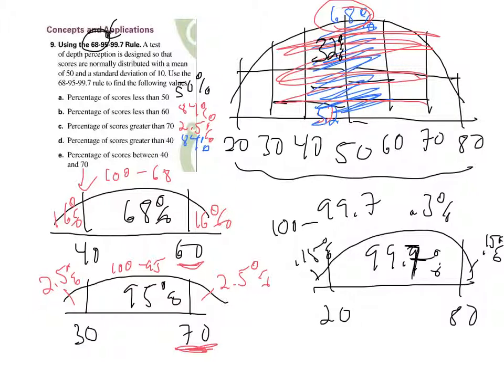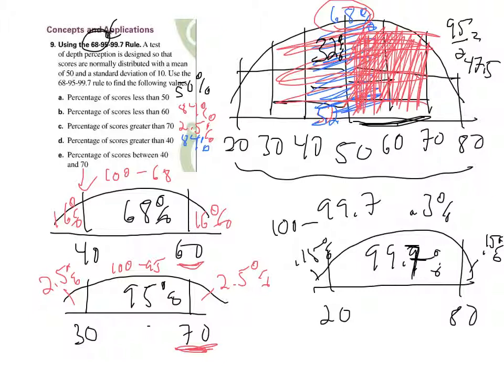And then half of the 95, because this is 2 standard deviations above the mean, 95 divided by 2, or 47.5, will fall in this range here. I'll draw vertical red lines to try to differentiate. So that is 47.5, and if we add those two areas together, the 34 and the 47.5, what is that, 81.5? So about 80%.